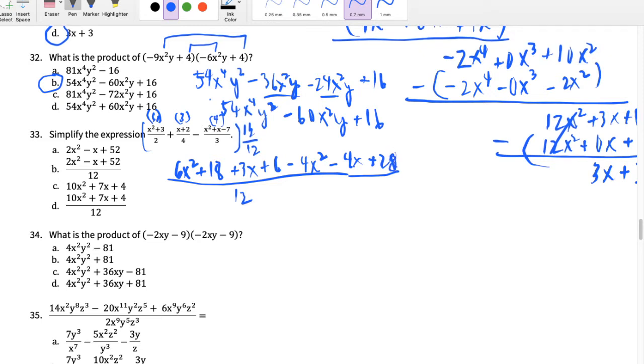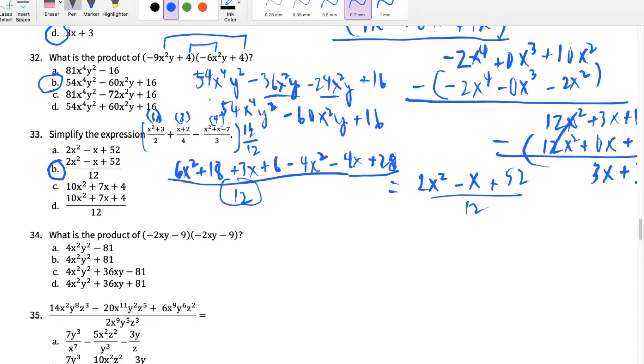This is going to be equal to 6x squared minus 4x squared, that's equal to 2x squared. 3x minus 4x, that's equal to negative x. Okay? 18 plus 6 plus 28, that's equal to 52. Correct? Plus 52. But don't forget, guys, may over 12. Okay? So the answer here would be letter B.